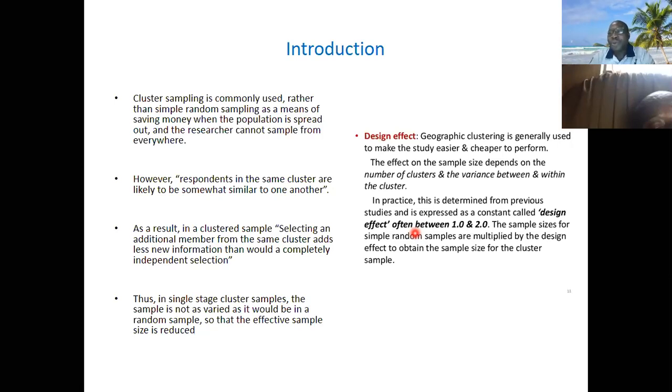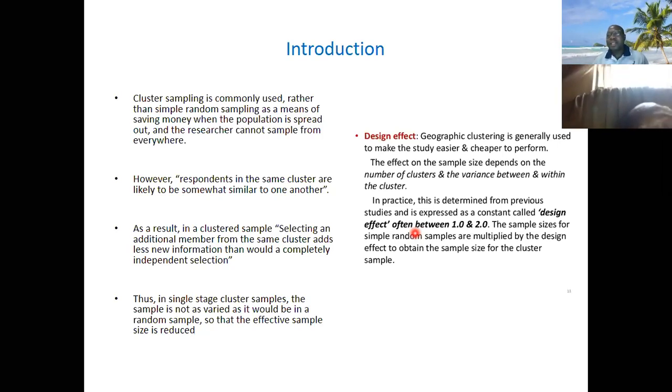For example, we use cluster sampling a lot in the polio eradication program and many health programs. But when you look at variables like socioeconomic status, if you go to a village and sample it, people are likely to be similar in some of the indices you are measuring.